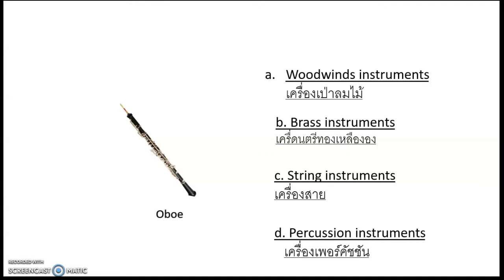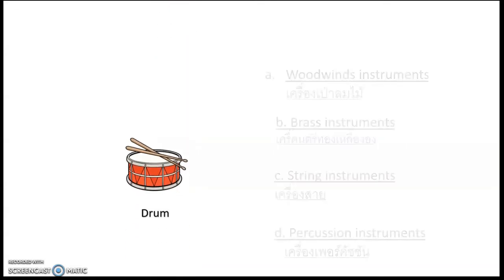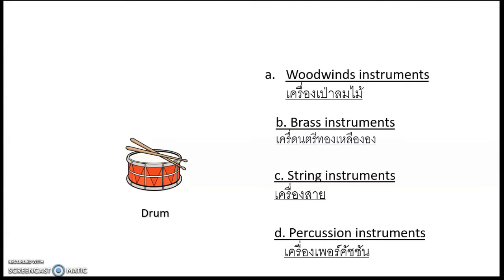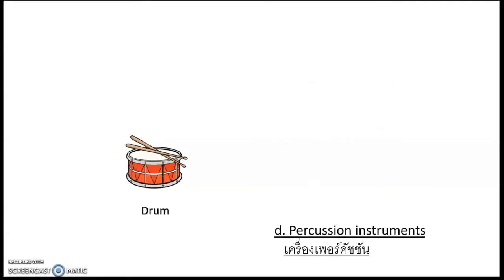Yes, the oboe belongs in letter A, the woodwinds instrument. What about the drum? Alright, drum belongs in letter D, percussion instruments.